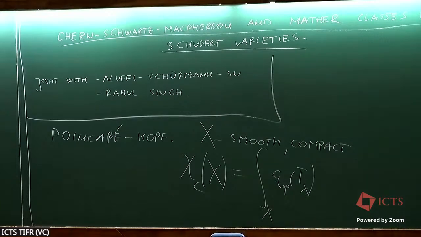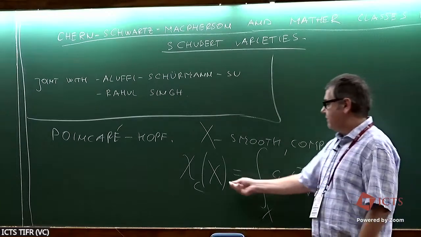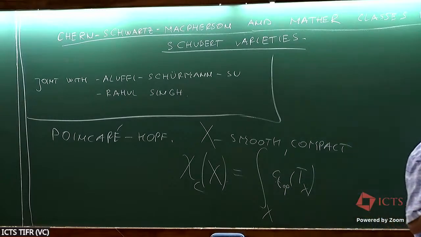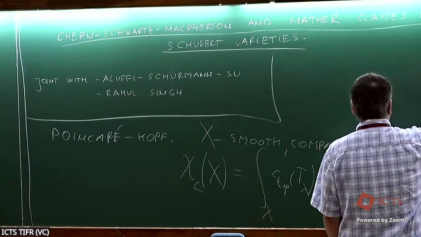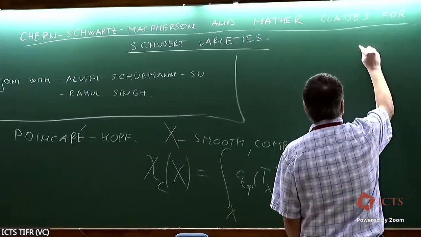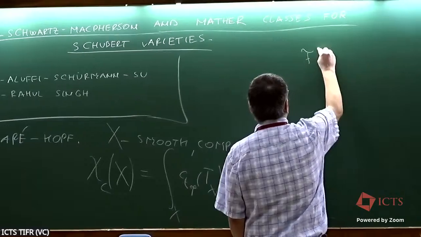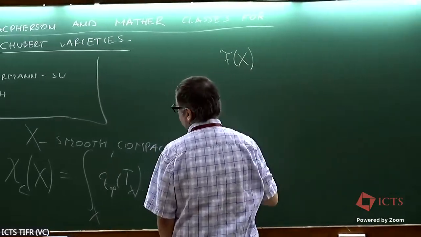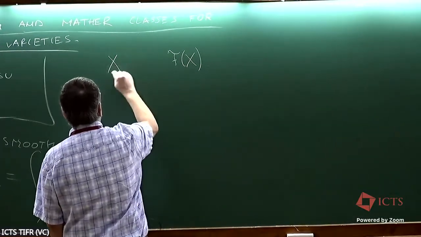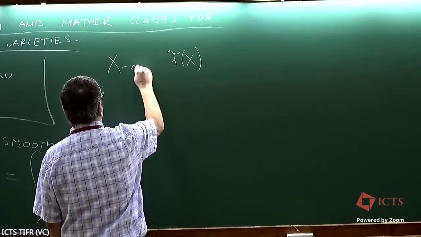Then the question is whether such a statement can be generalized to the singular case. And in the singular case, in order to make the statement, I'm going to introduce a new object, which is the group of constructible functions. X in this case is just any algebraic variety.